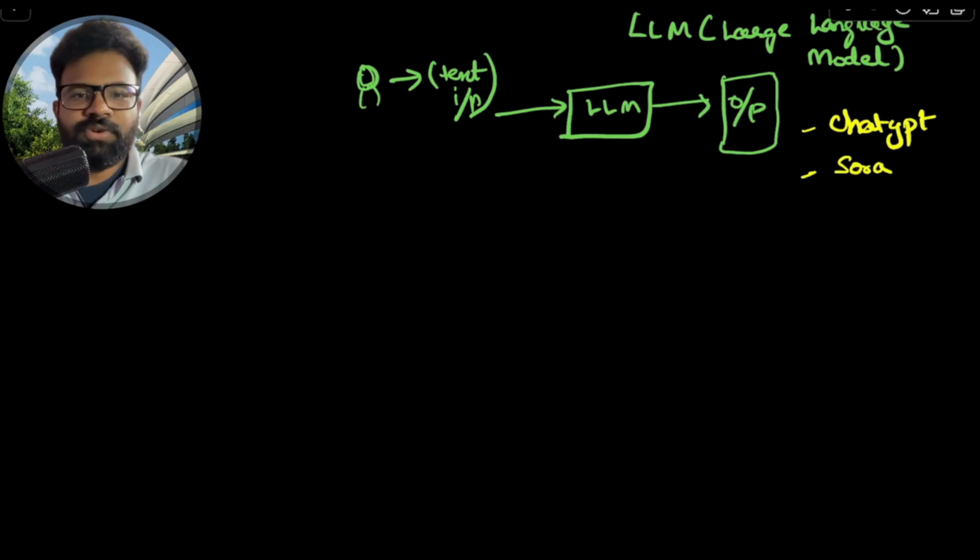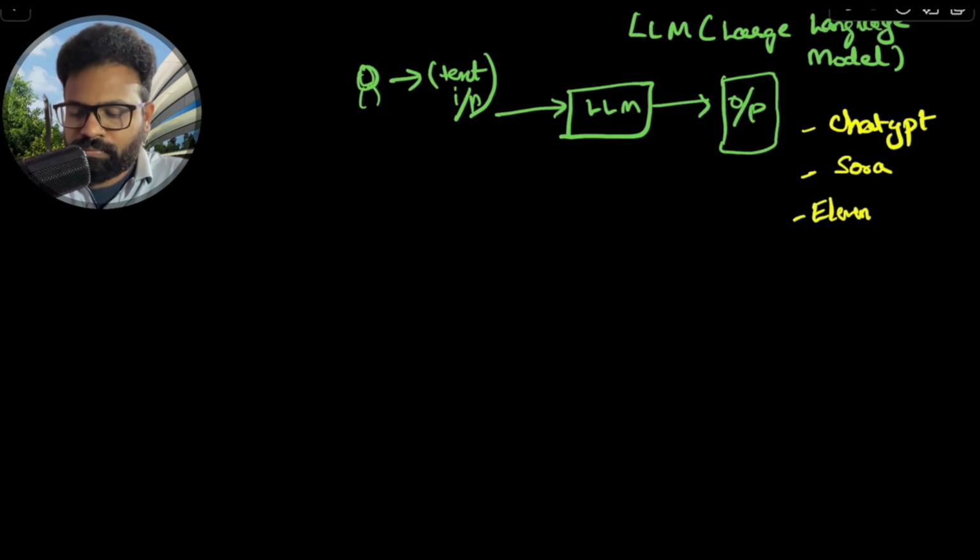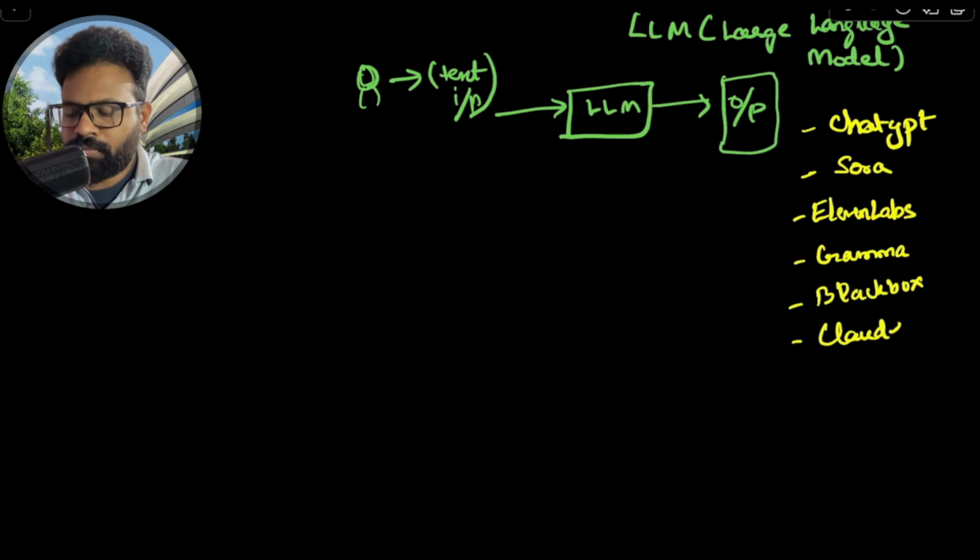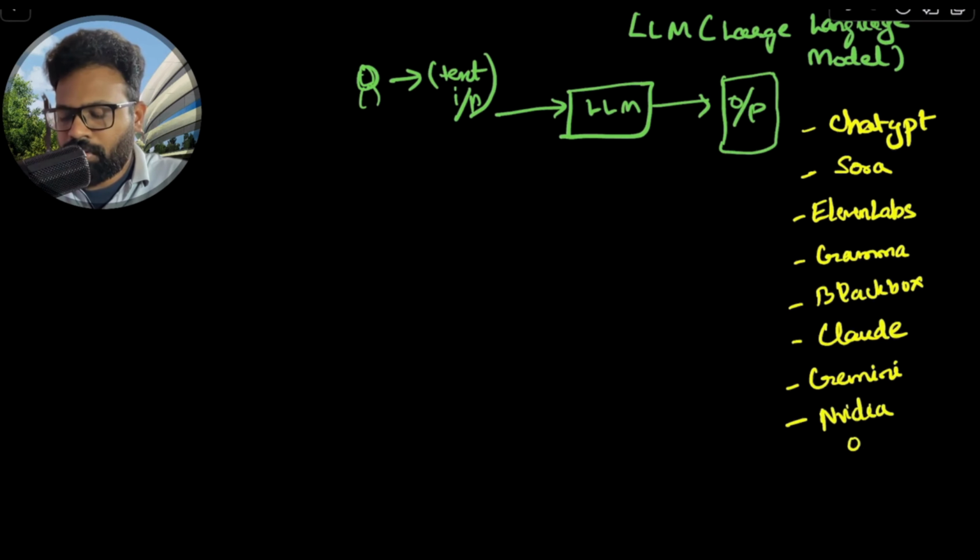After Sora we have ElevenLabs, Gamma, Blackbox, Claude, Gemini from Google, and then NVIDIA Omniverse.